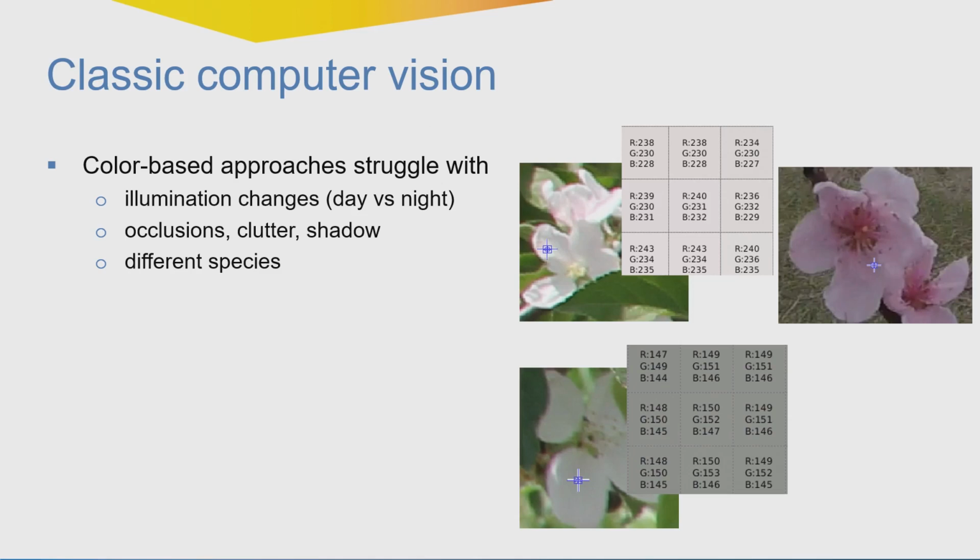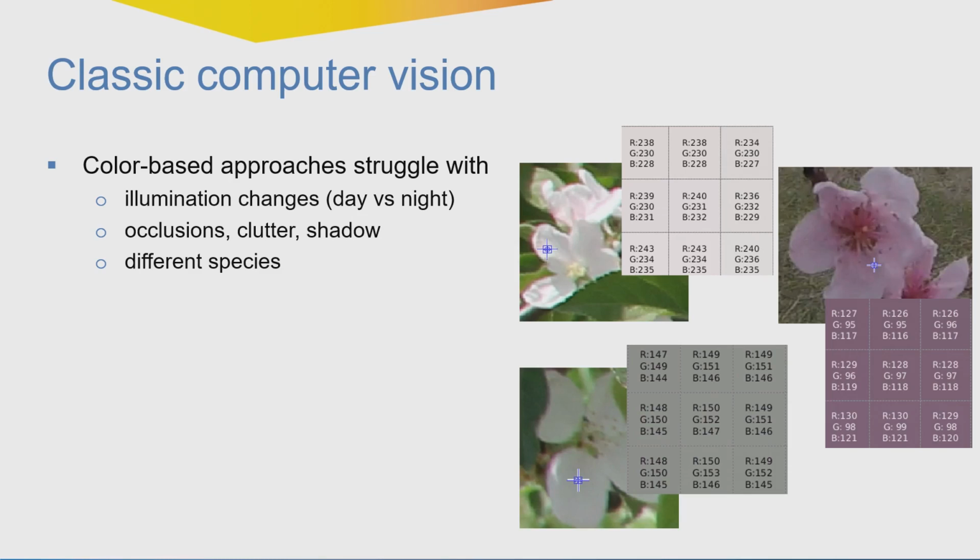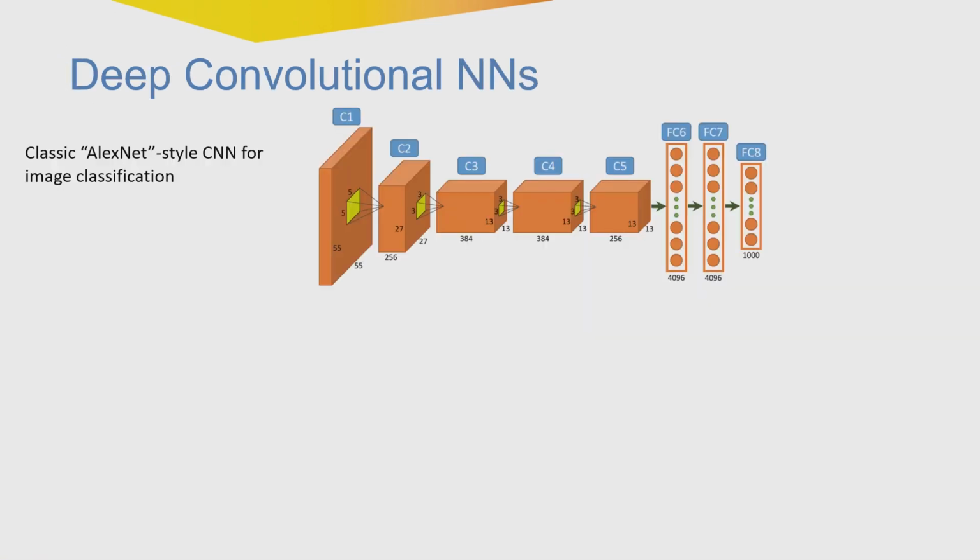Even with the same species and the same kind of image, you already have variations in the RGB levels. This will happen whatever the color space you're using. It gets even worse with another species like the peach flower here, which has completely different color characteristics. So the previous approaches using only color work only under specific scenarios.